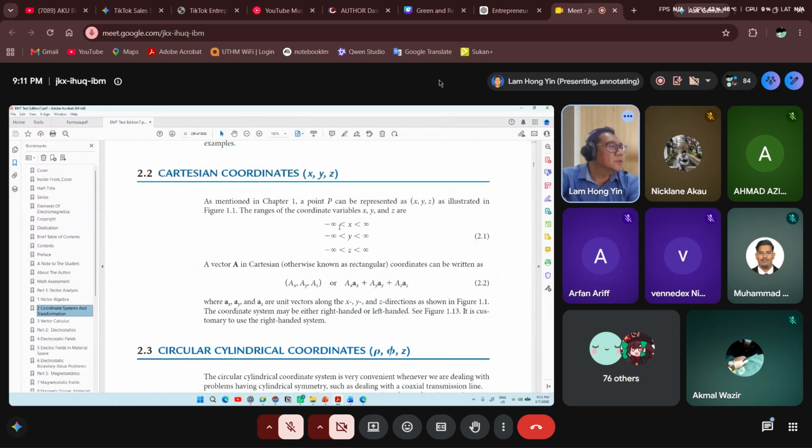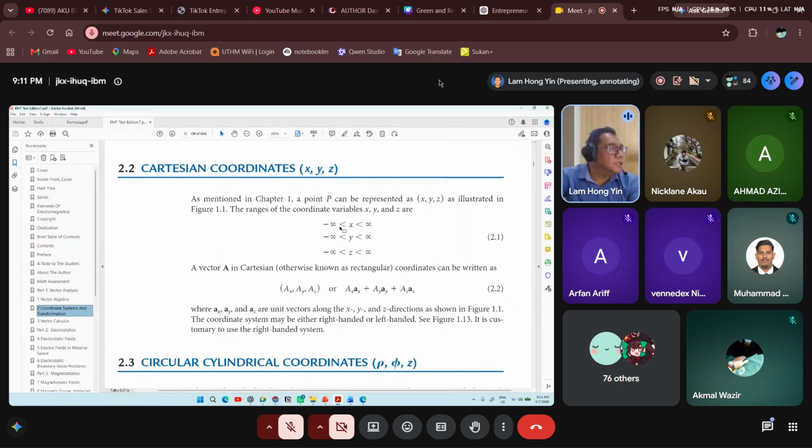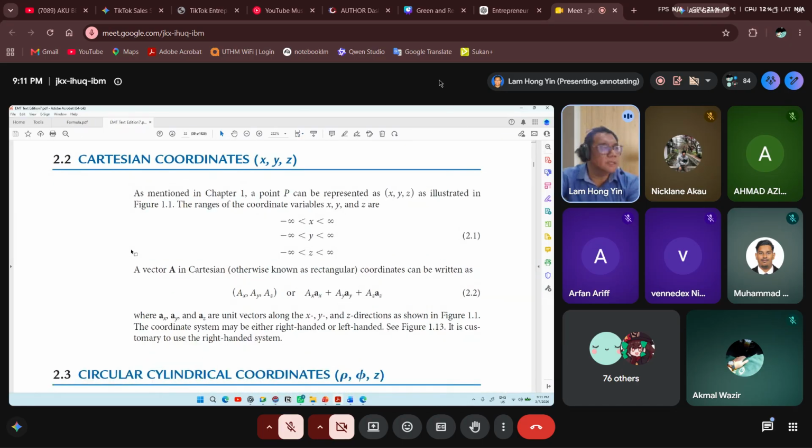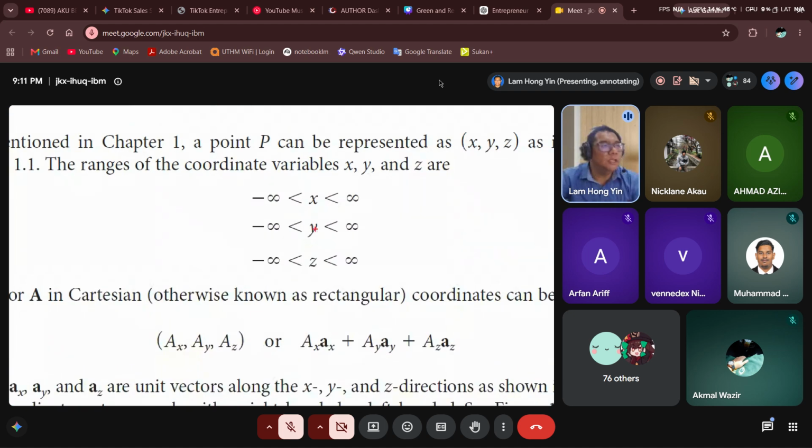Okay, so you see this, the Cartesian coordinate, right? In Cartesian coordinate, we have three parameters, x, y, and z over here. The limitations on each of the Cartesian coordinate axes, x-axis, y-axis, and z-axis, is, let me zoom in.